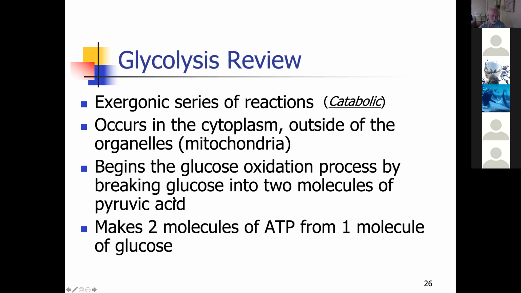It's broken up into 2 molecules of 3 carbons each, pyruvic acid. And that makes 2 molecules of ATP from every 1 molecule of glucose. So that's why it's so inefficient in your muscles in anaerobiosis: you're relying on glycolysis only, not oxidative phosphorylation, for your ATP. And glycolysis is a low yielder of ATP.